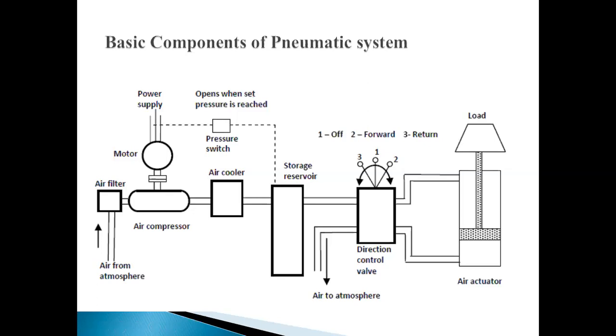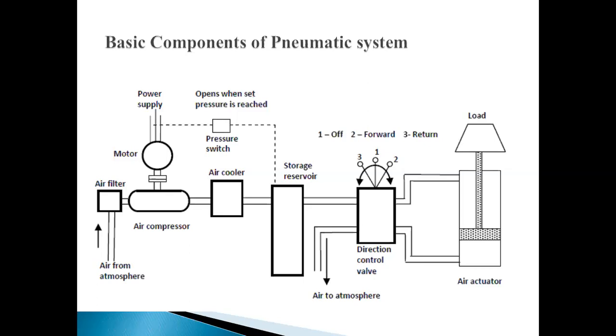It maintains the pressure, so a constant pressure process is used here in the air cooler. We just reduce the temperature, and from this storage reservoir the air goes to the valve. There is a direction control valve. You can see three positions shown: 1, 2, 3. 1 means off, 2 means forward, 3 means return, as we discussed in the previous case.